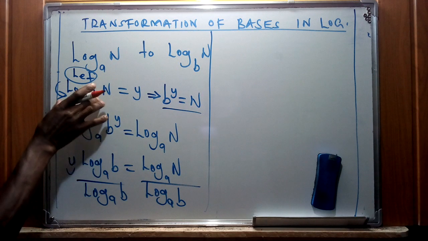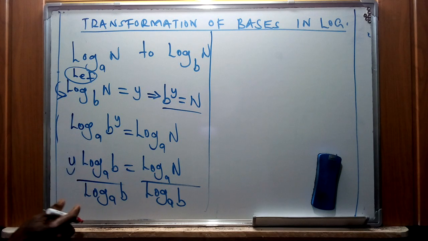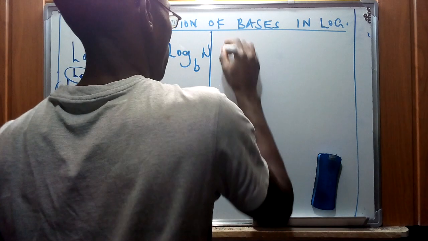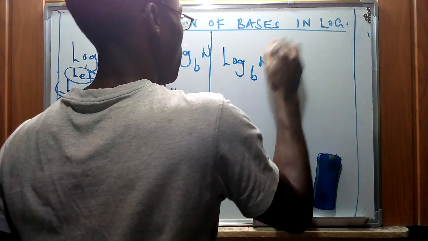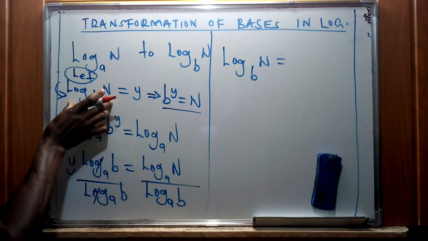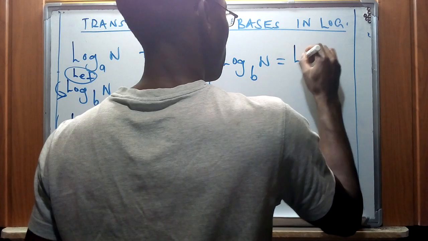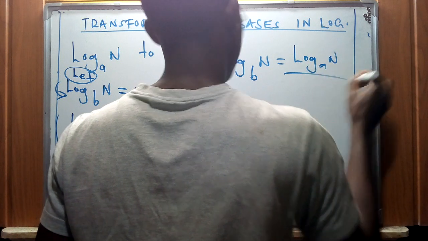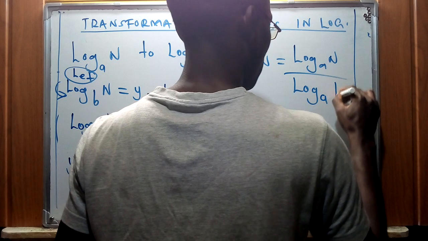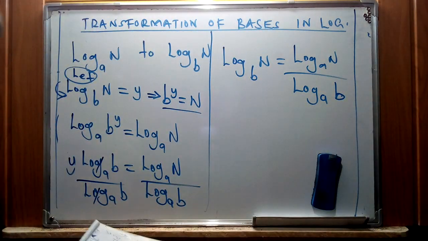Since we know the value for y, we're going to do a substitution, whereby log to base a of b is going to cancel out on the left part of the expression. Therefore, we're going to have log to base b of n, which is basically the value for y, being represented as log to base a of n over log to base a of b.